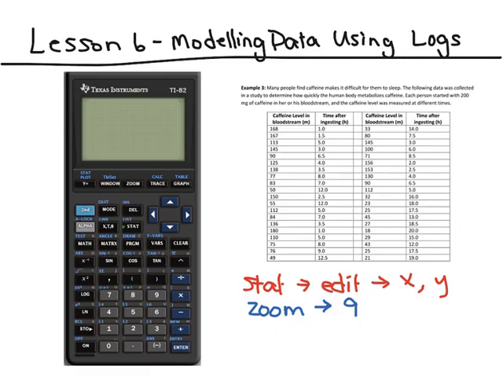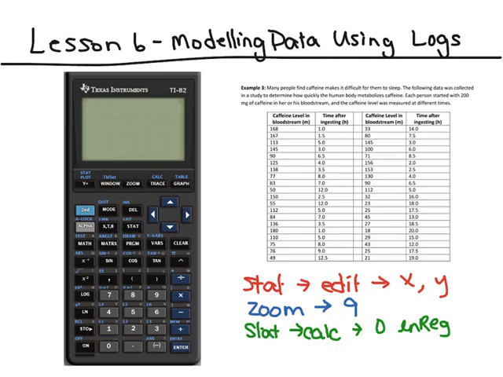So you're going to push stat, calculate, and then you're going to push 0 for the LNREG. So stat, calculate, 0 for LNREG.